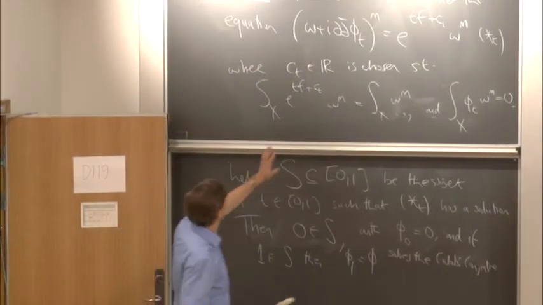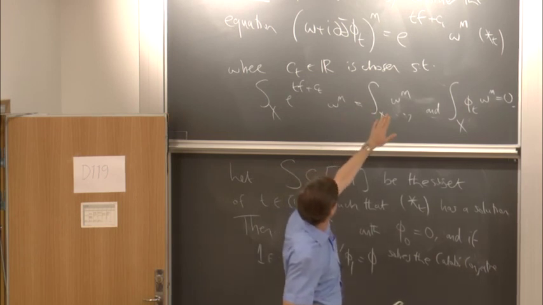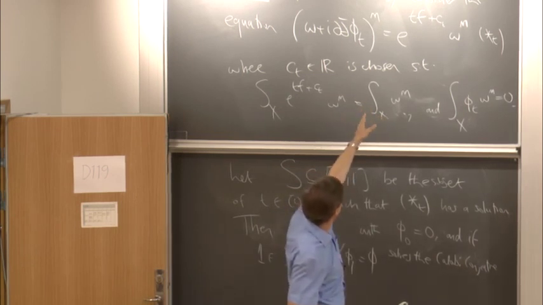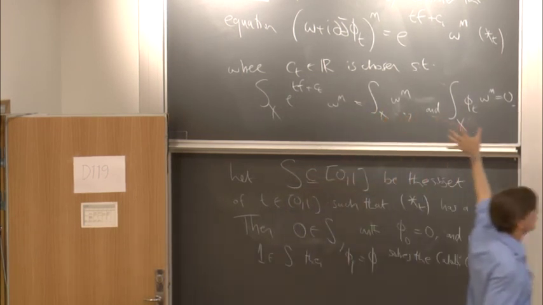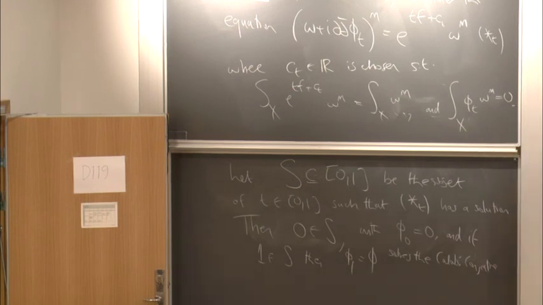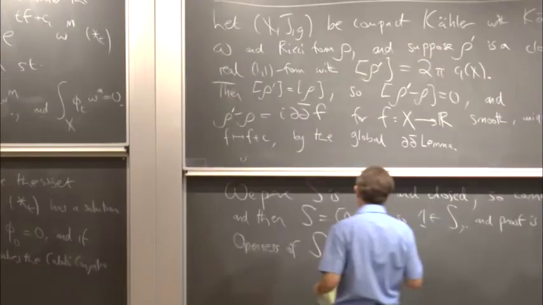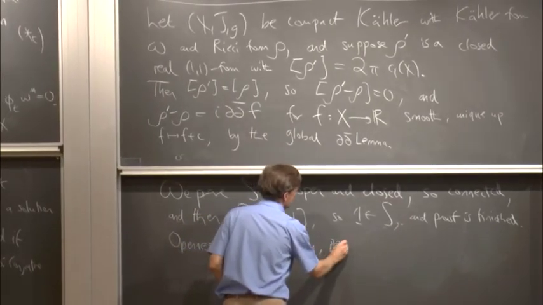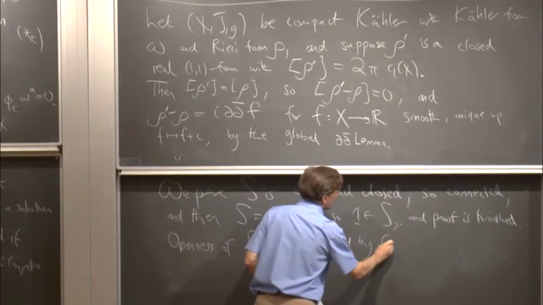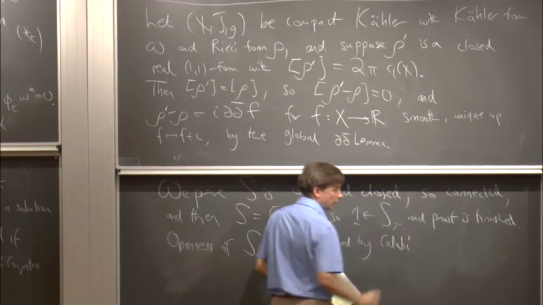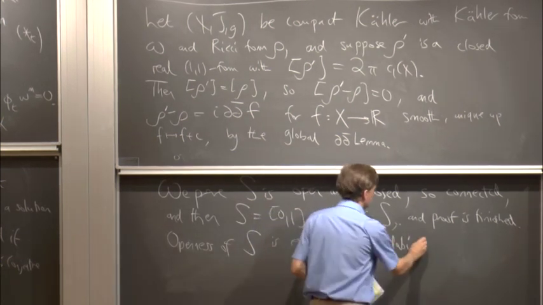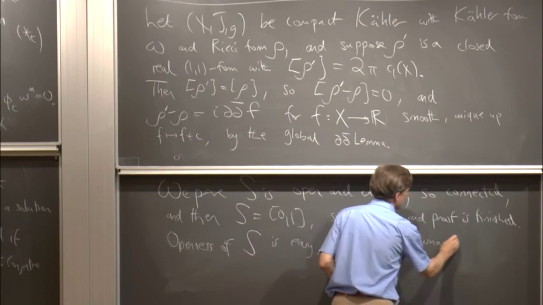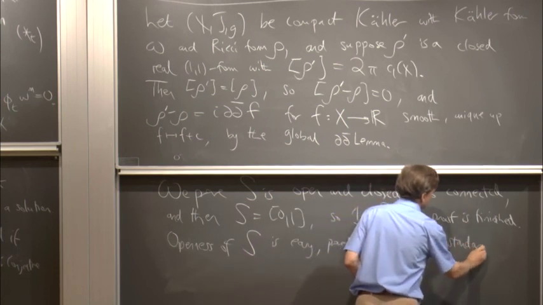If when t equals 1, the C_1 is 0, so that gets an e to the f omega to the m. That equation star 1 is this equation star over here. So openness of S is fairly easy, and it's proved by Calabi using basically standard elliptic theory.